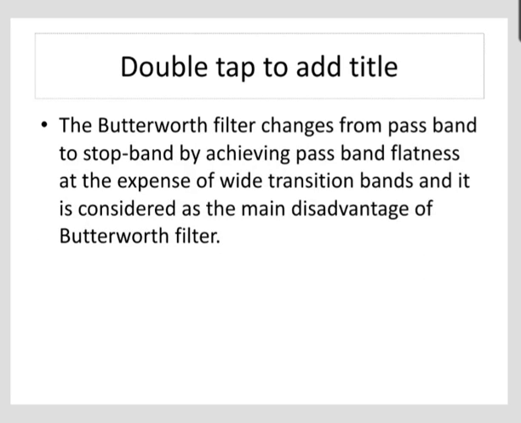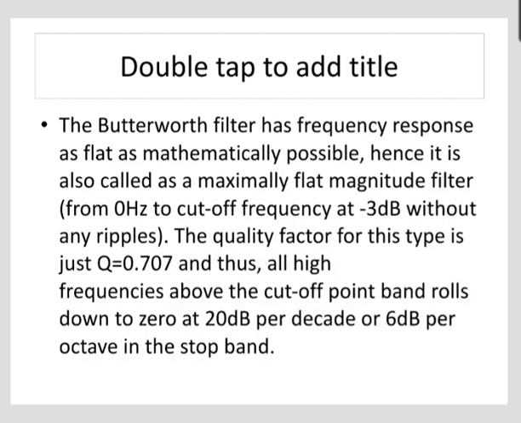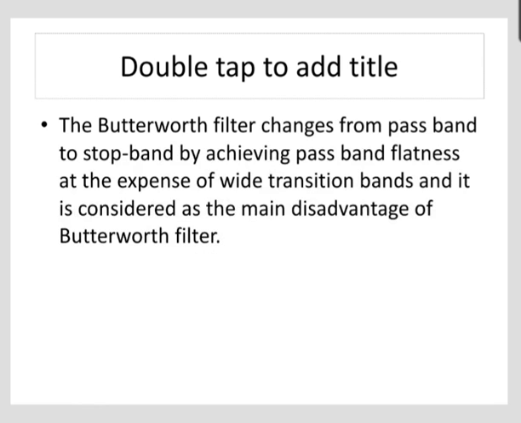The Butterworth filter changes from passband to stop band by achieving passband flatness at the expense of wide transition bands, and this is considered the main disadvantage of the Butterworth filter.